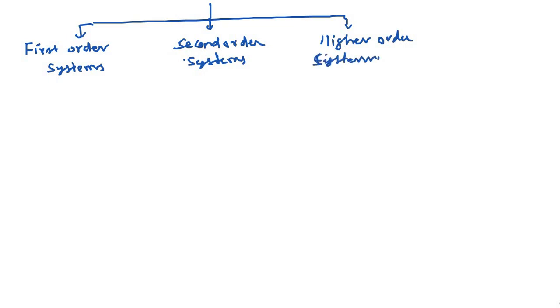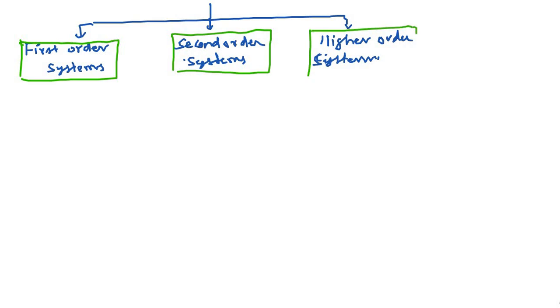Even though we are classifying the systems into 3 groups, we will be studying first order systems as well as second order systems. Studying of higher order systems will not be concentrated on, because in any book they first discuss first order systems and then concentrate more on second order systems.